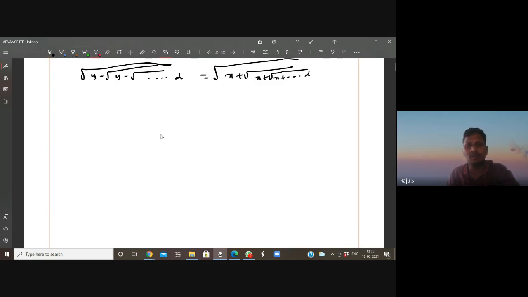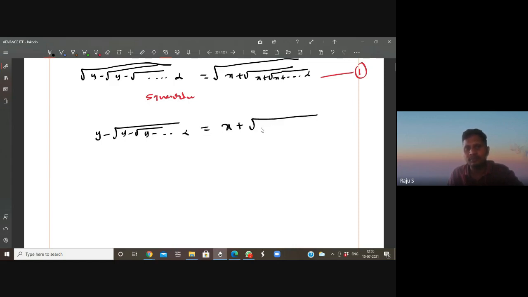First, let us take this as equation 1. Students, can you hear me? Yes, sir. This is equation 1. Now squaring on both sides. When we square, we get y minus root over y minus root over y minus up to infinite series, equal to x plus root over x plus root over x plus, like that.